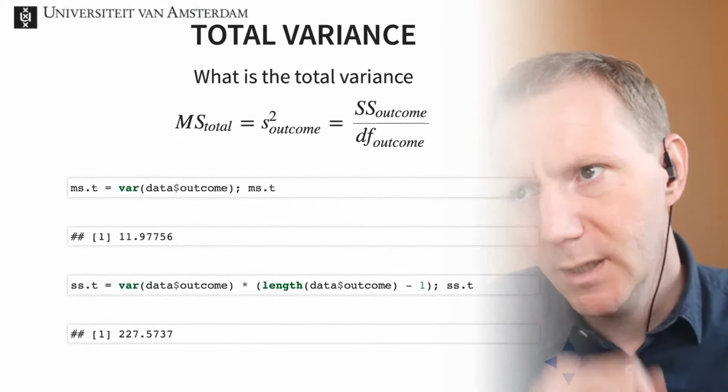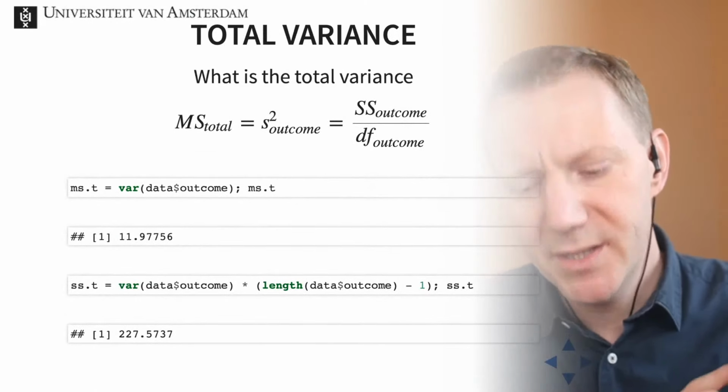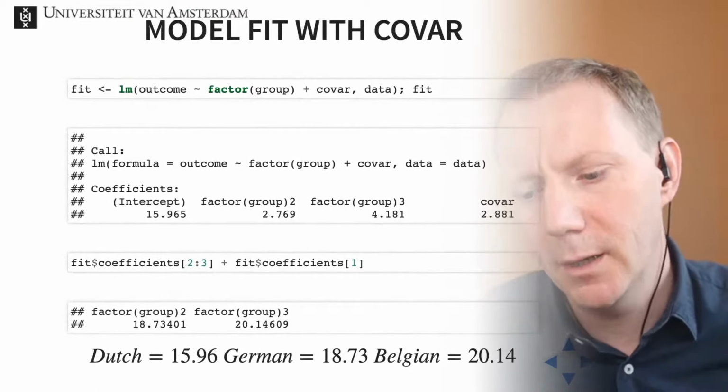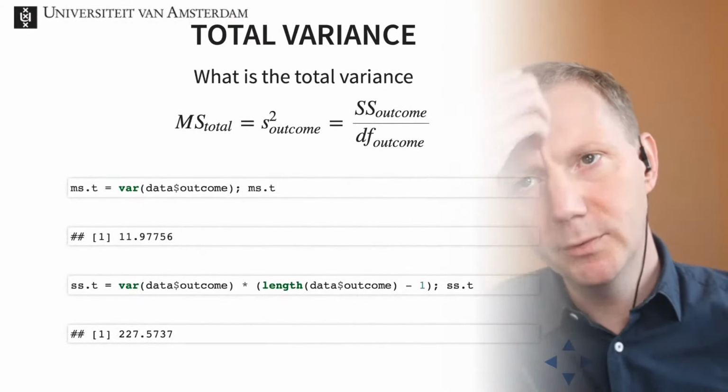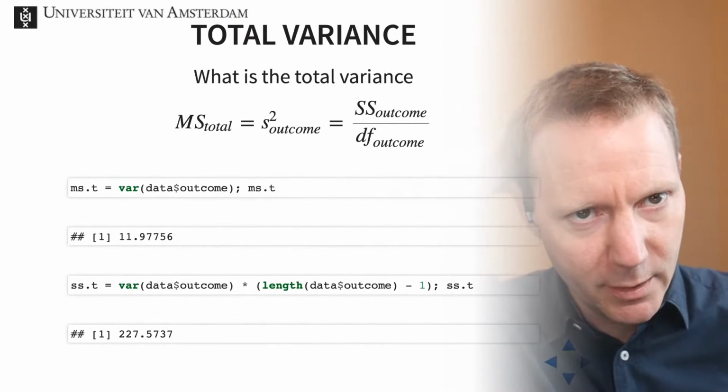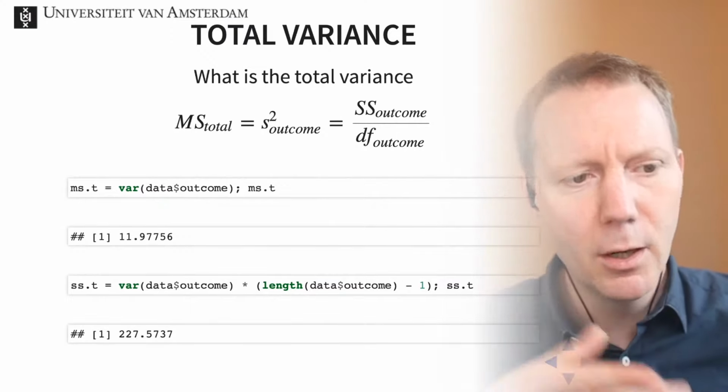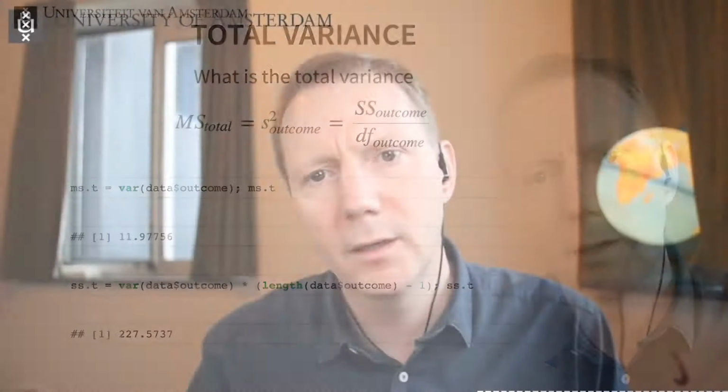Okay, so this means that if we're making the step to explaining variance again, because now we know what the covariate does, and why we need to apply it to recover the actual means of the groups. When you're doing analysis of variance, and also analysis of covariance, you're analyzing the variance components.